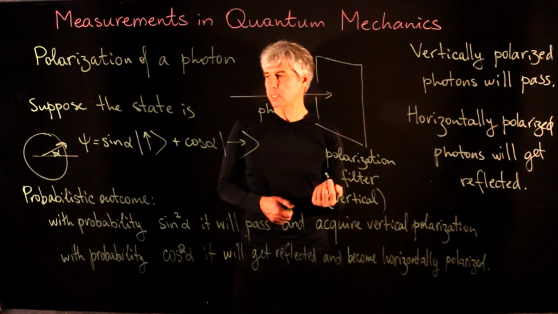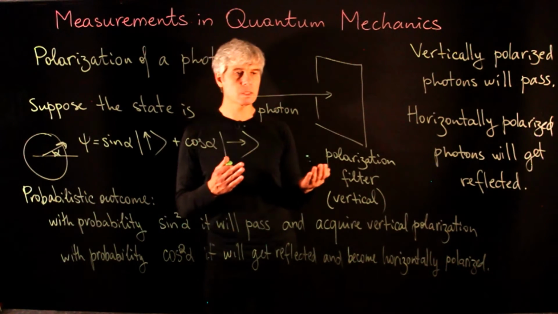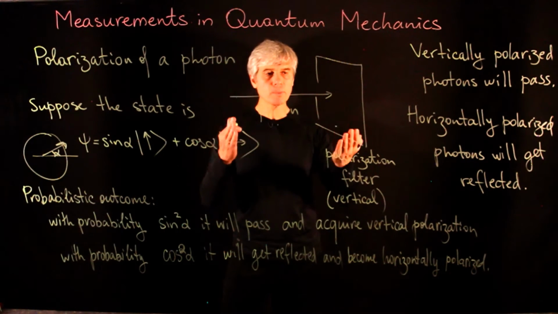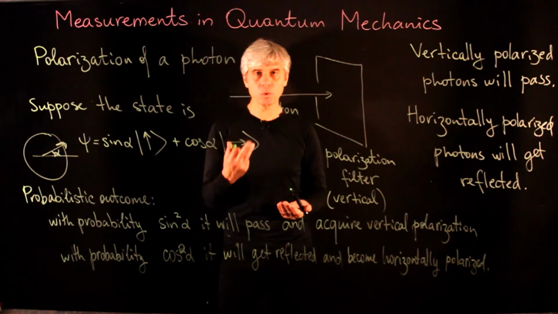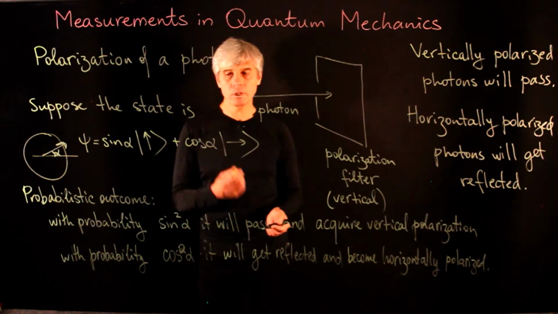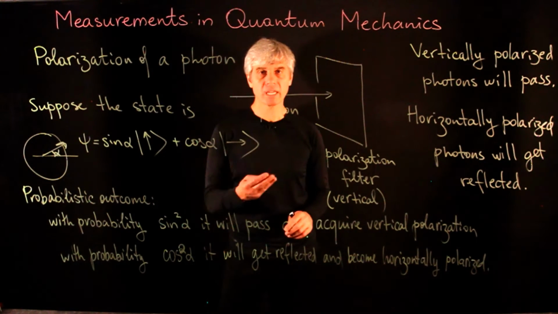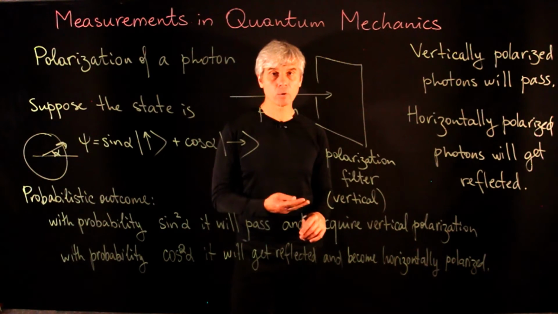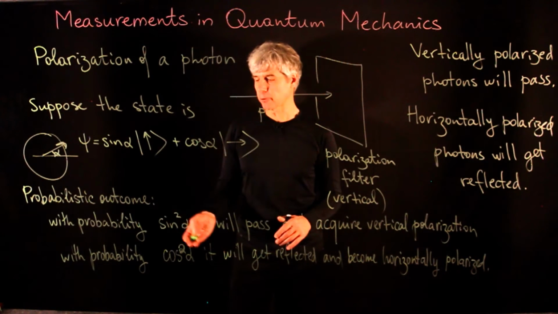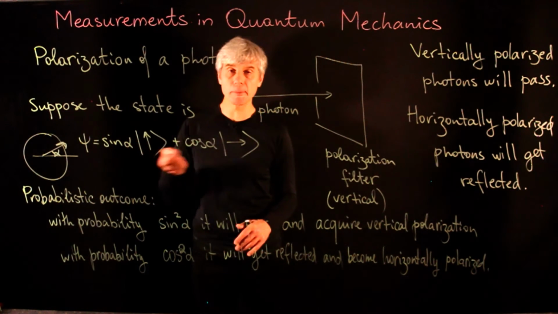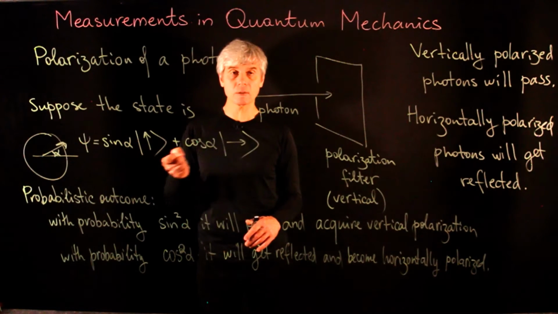So what we see here is that the measurement process has two important features. One feature is that it is probabilistic. So with a single photon, we cannot predict the outcome of the measurement. The outcome is probabilistic, and the probabilities are determined by the state of the photon.